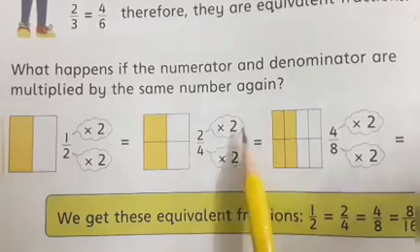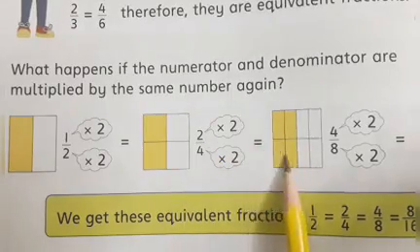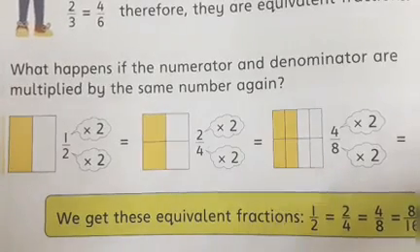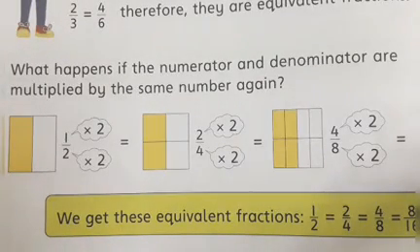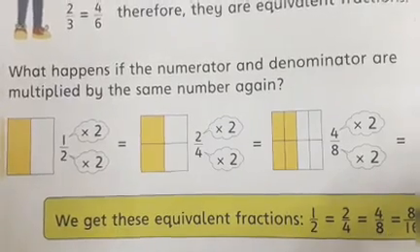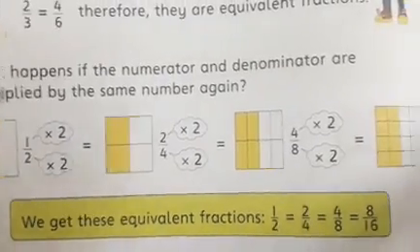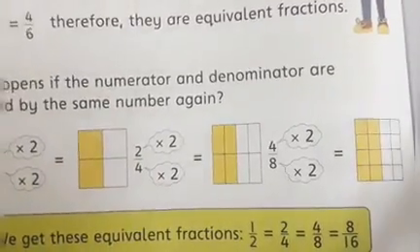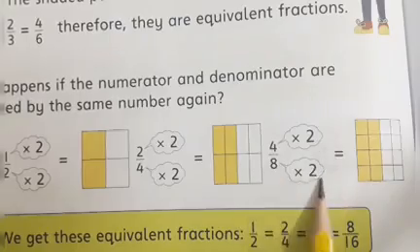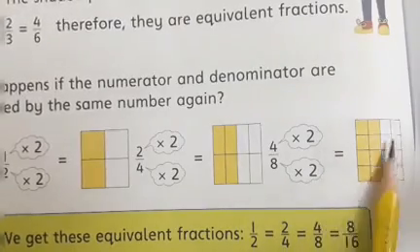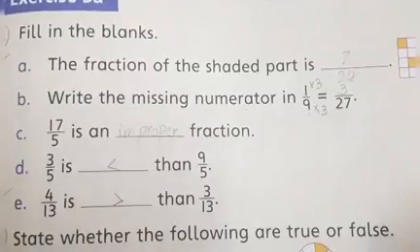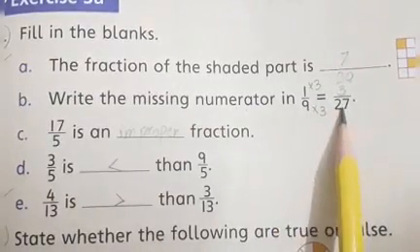So again we multiply it. 2 2s are 4 and 4 2s are 8. So we get these equivalent fractions: 1 by 2, 2 by 4, 4 by 8 and 8 by 16. Again 4 2s are 8, 8 2s are 16. Okay, so these are the equivalent fractions.